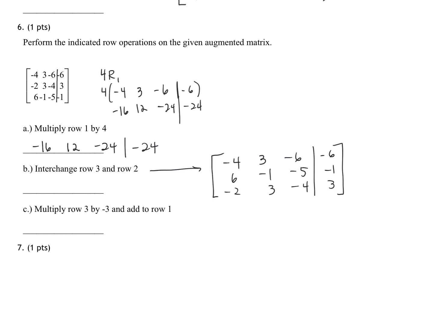And then part C, multiply row 3 by negative 3 and add to row 1. So negative 3 times row 3 plus row 1. And we're going to replace row 1, whatever you're adding to. So if we're adding it to row 1, then we're replacing row 1 with that sum. So let's see what we get there.